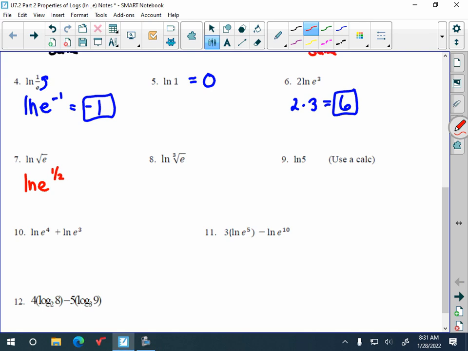And that's because there's an index of 2 right here, and the exponent on the e is 1. So it's 1 over 2. All right, so ln e to the 1/2 would simplify to what then? 1/2. So ln square root e is 1/2. All right, 8, ln cube root e. Yeah, 1/3. That's because ln cube root e is the same as ln e to the 1/3 power.